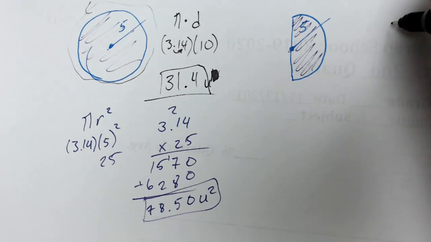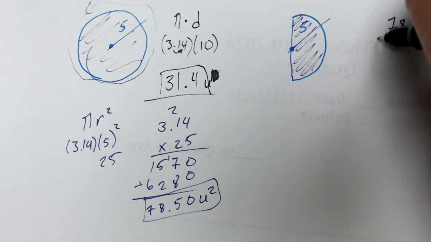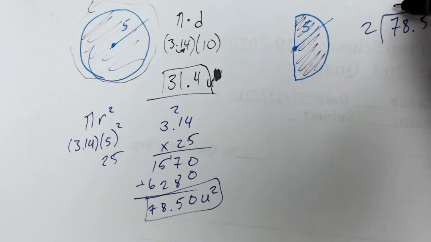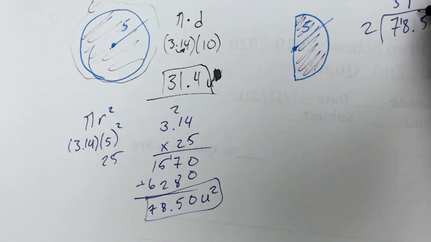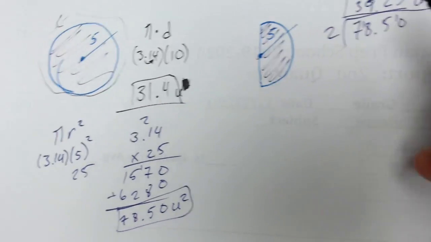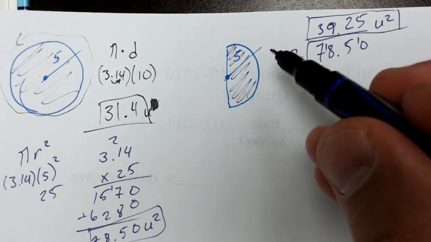So I'll take 78.5 and divide it by 2. Let's see here, that's 3, 1, 9, 2, and 5. 39.25 units squared. So that is the area of the semicircle.